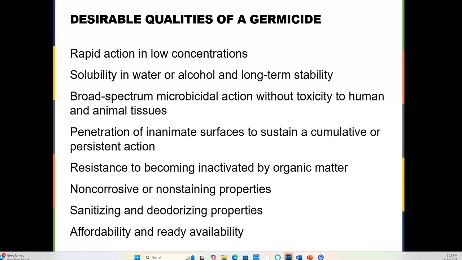Resistance to becoming inactivated by organic matter. That's huge, because a lot of the time organic matter in this case is normally like feces or food. If the agent is inactivated by that, then that's a problem. Non-corrosive or non-staining properties, sanitizing and deodorizing properties, and affordability and ready availability.